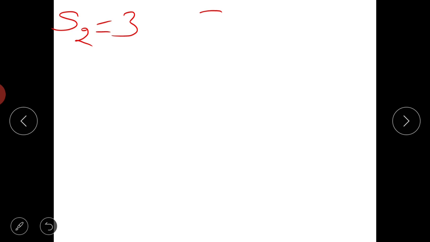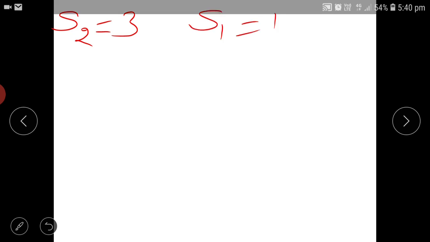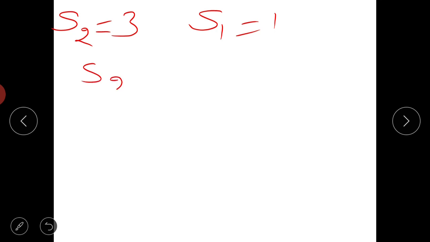Are you getting or not? And S1 is 1. Now S2 minus S1, what do you get? 3 minus 1 equals 2.